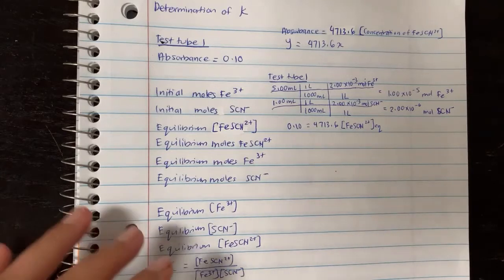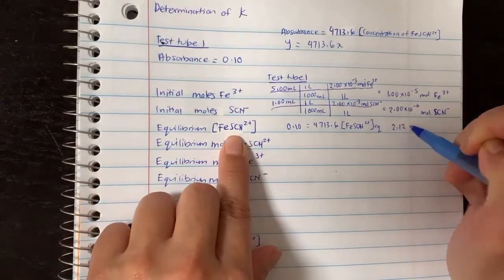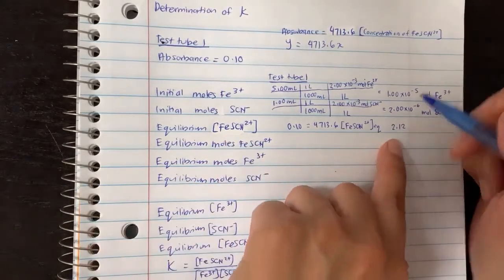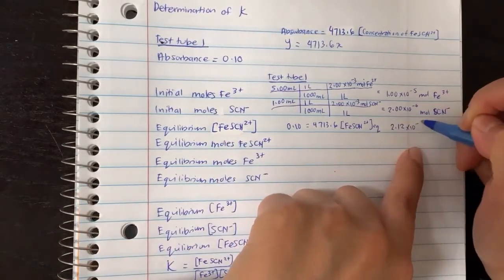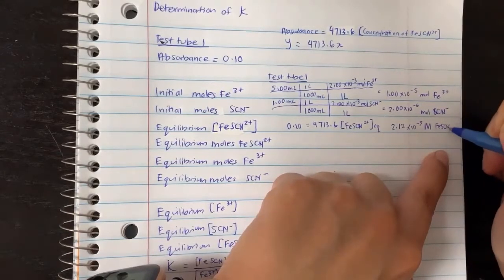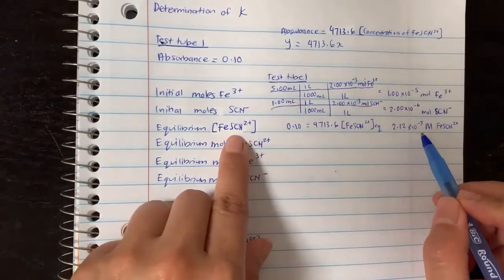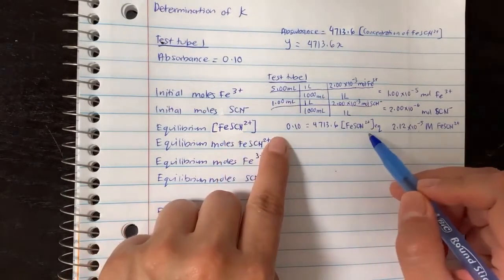And you get that value to be 2.12 times 10 to the minus 5 molarity of FeSCN. Okay, so that's the answer for that right here. This was just the work.